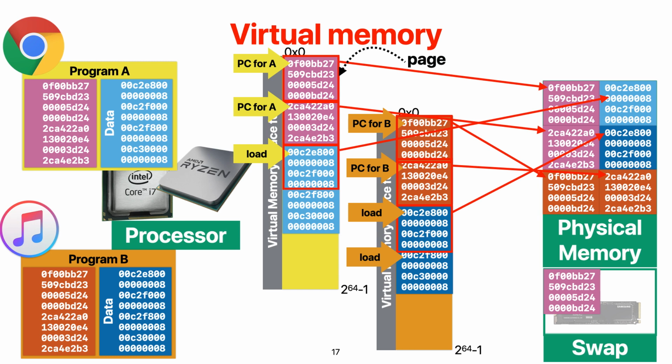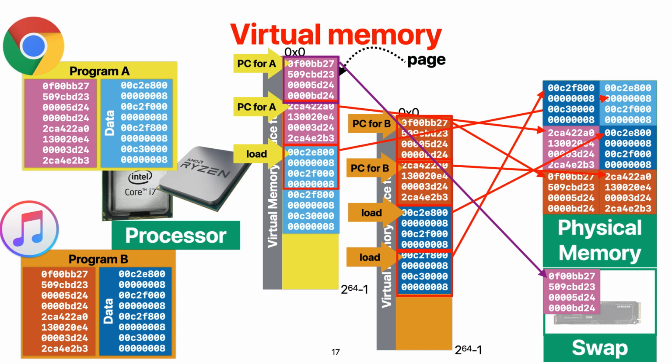After we swap the page to the swap space, we have room to place the page that we are looking for right now, then create a link again, and your program can continue execution.